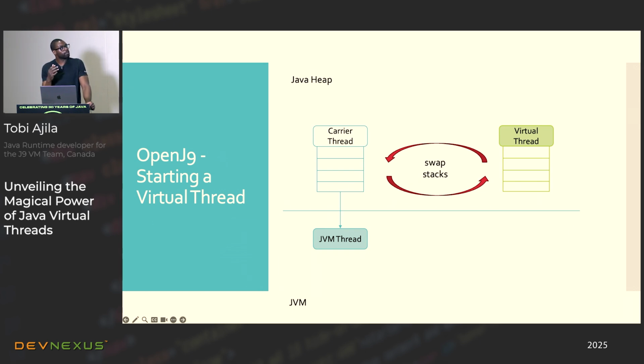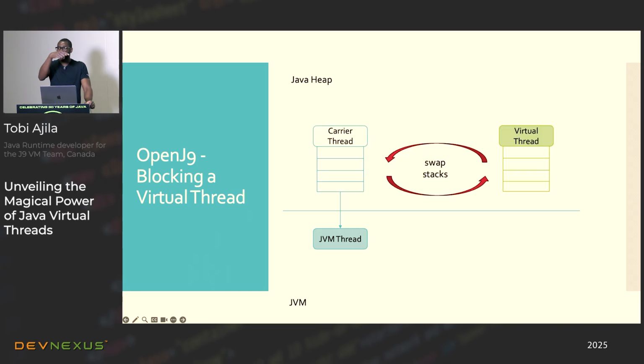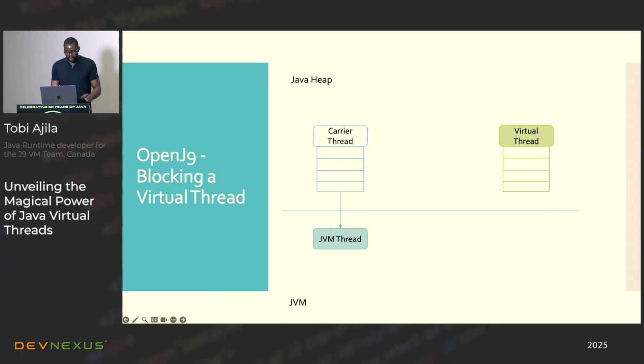And so that makes this operation very fast. It's a few cycles. We're just shifting pointers around. And then when we're unmounting a virtual thread, same thing. We're just doing the swap the other way. So that's a little detail there on how the mounting and unmounting works with virtual threads.